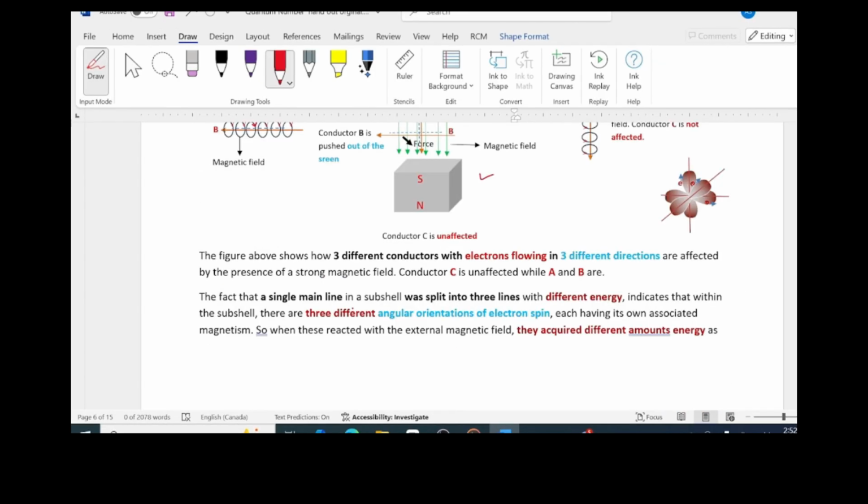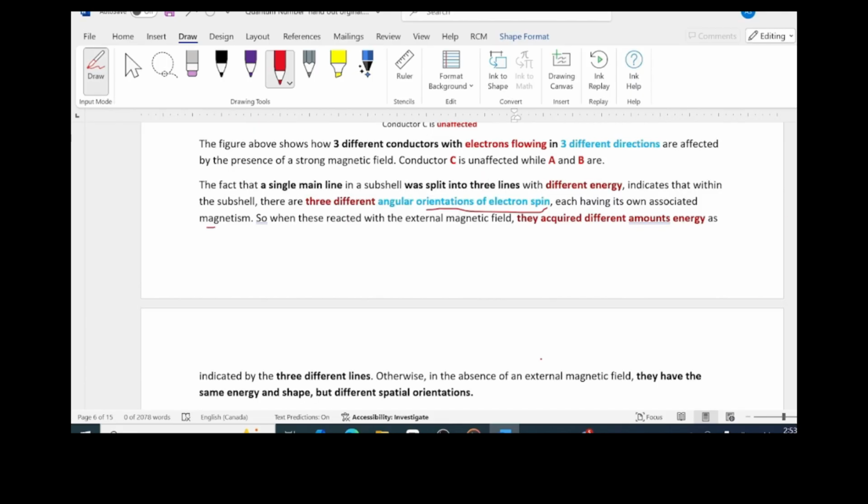The fact that a single main line as a subshell was split into 3 lines with different energy indicates that within the subshell there are 3 different angular orientations, each having its own associated magnetism. So when these react with the external magnetic field, they acquire different amounts of energy as indicated by the 3 different lines.